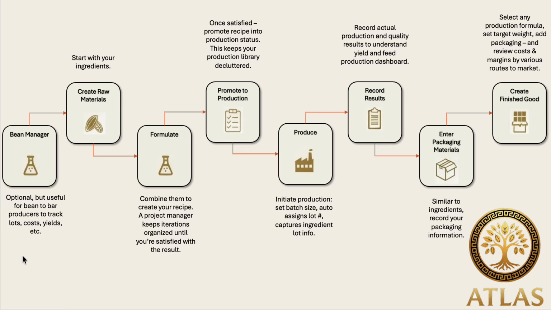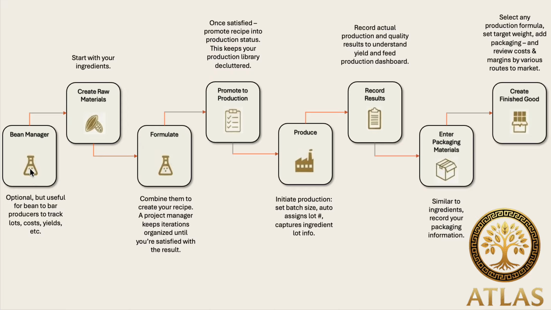But if you're a bean to bar producer who's receiving raw cocoa beans and then sub-segmenting those lots or creating different roast profiles with those lots, that may have different yields and different costs, you'll find the bean manager to be an incredibly useful tool for you to both maintain your sublot traceability as well as get a really good finger on the pulse of your costs.